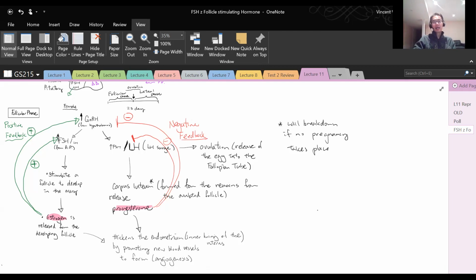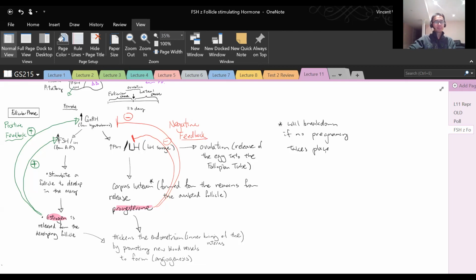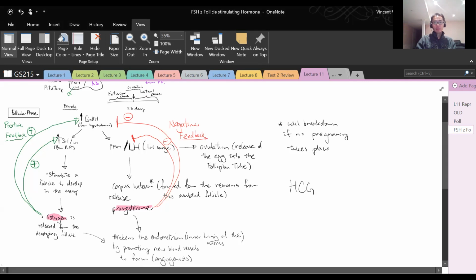Okay, but that takes a little bit of time. So after implantation, another hormone is going to be released. That hormone is called HCG. Okay, human chorionic gonadotropin. Never mind what it stands for because it doesn't actually tell you much about what it does.